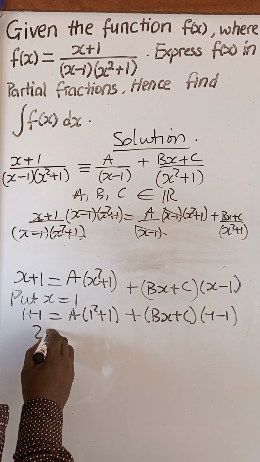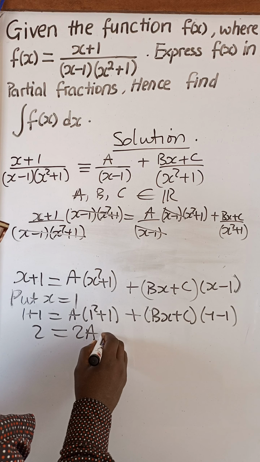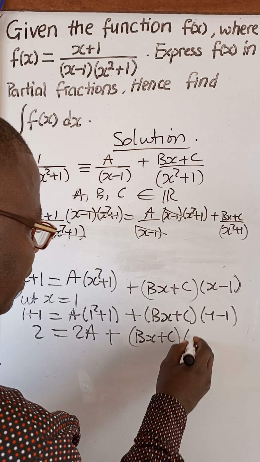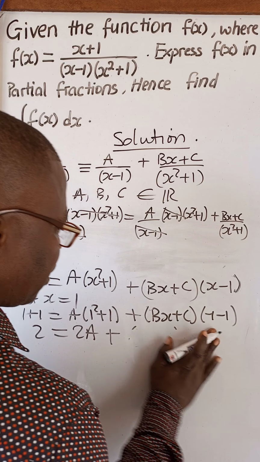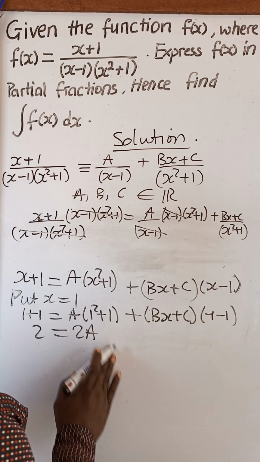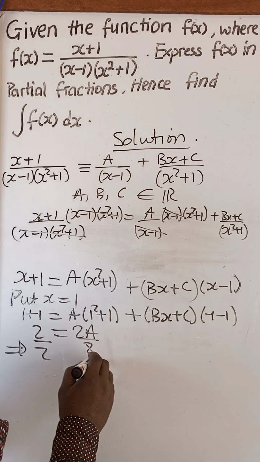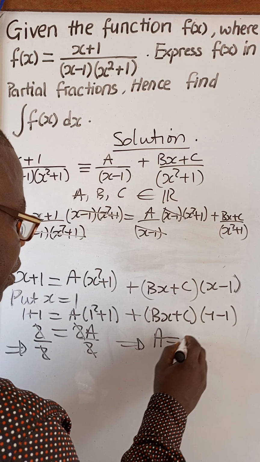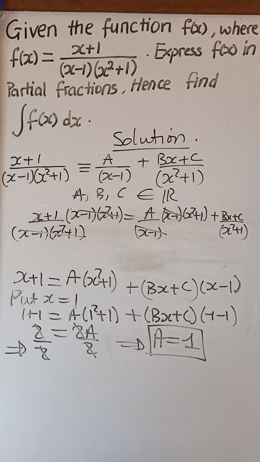So we have 2 will be equal to 2a plus bx plus c, all of that multiplied by 0, which will just give us 0. So we take it off. And so from here, if we divide both sides by 2, we will find the value of a to be 1.